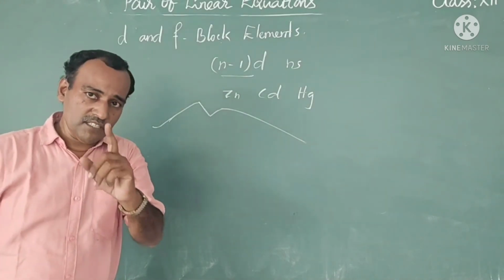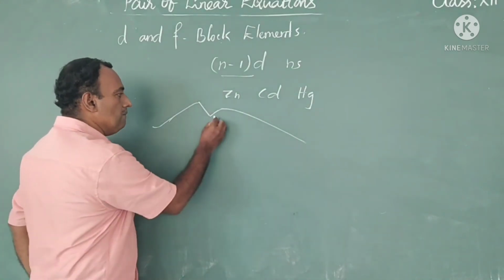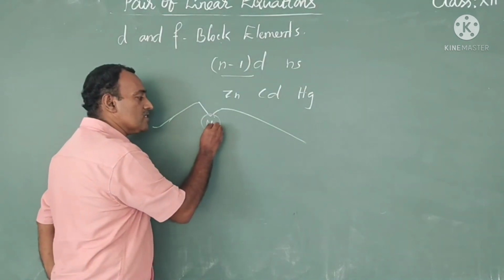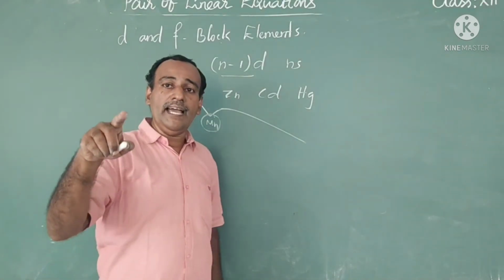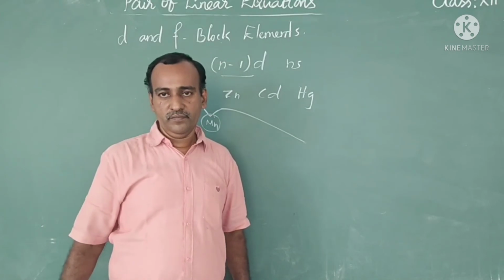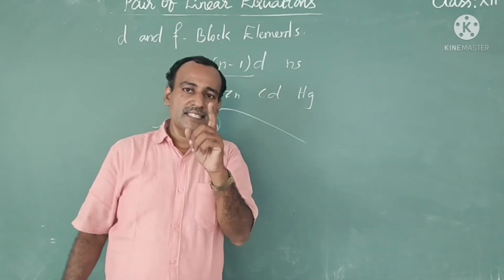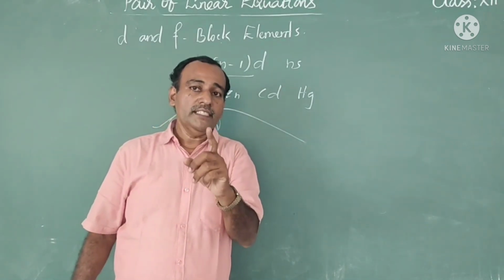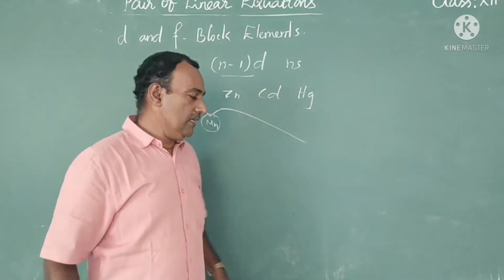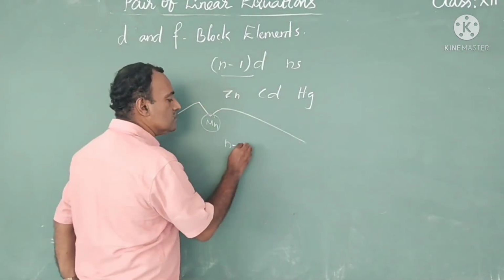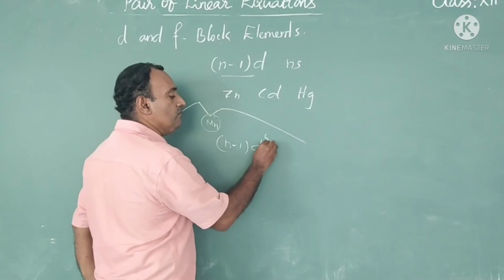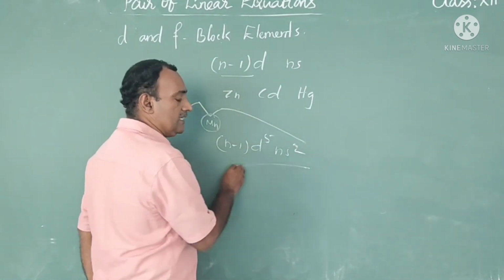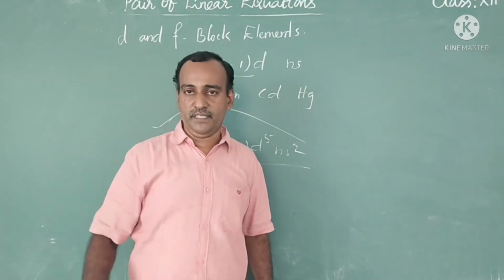In the case of the first row transition series, manganese possesses low melting and boiling point. Why? Because it has a d5 configuration. That means it has an n-1 d5 ns2 configuration. That is a stable electronic configuration.